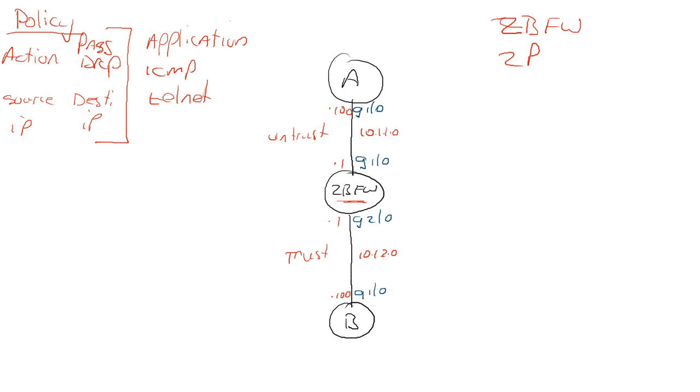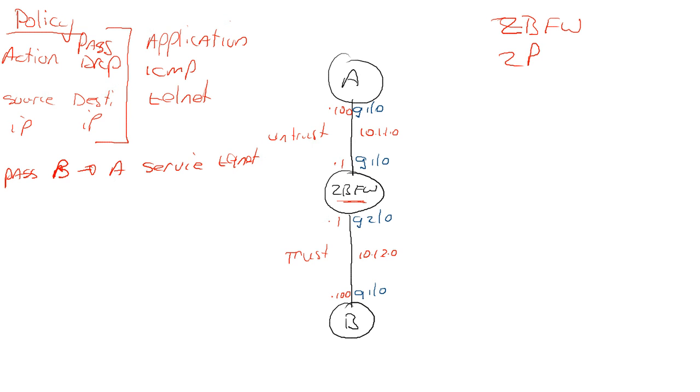Now a zone pair effectively is a flow of data, and if I'm saying the policy says I want to pass traffic from, let's make it B to A, for service type, let's say at the moment service type telnet.